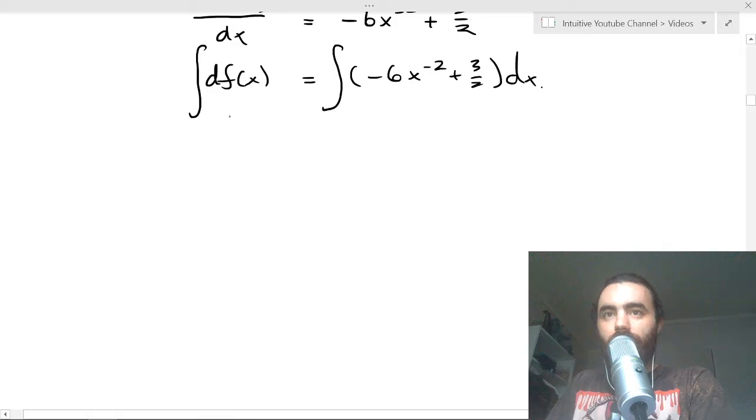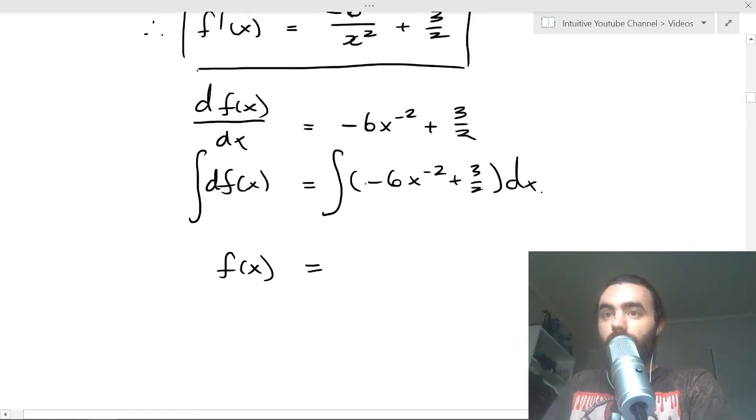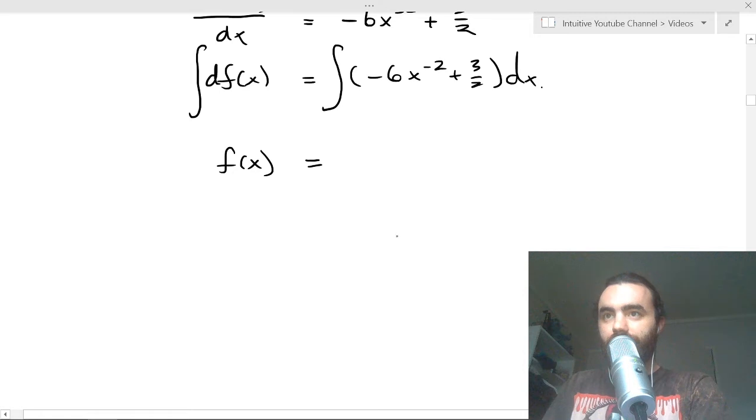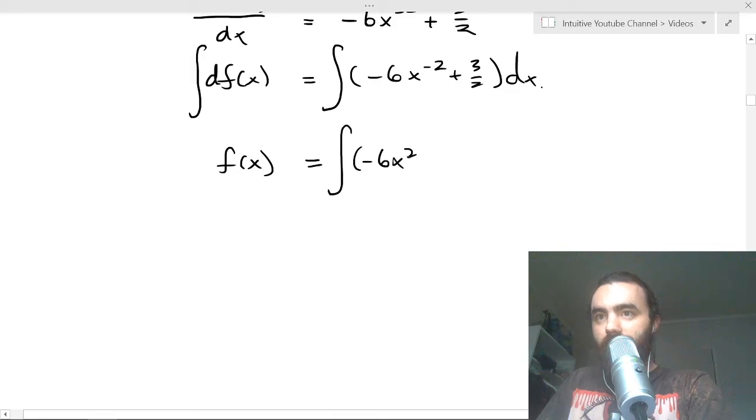And we get here that the integral of d of f of x is f of x. And the integral of this, well, we can integrate each part individually, because this is the same as saying minus 6x to the negative 2 dx plus 3 over 2 dx.